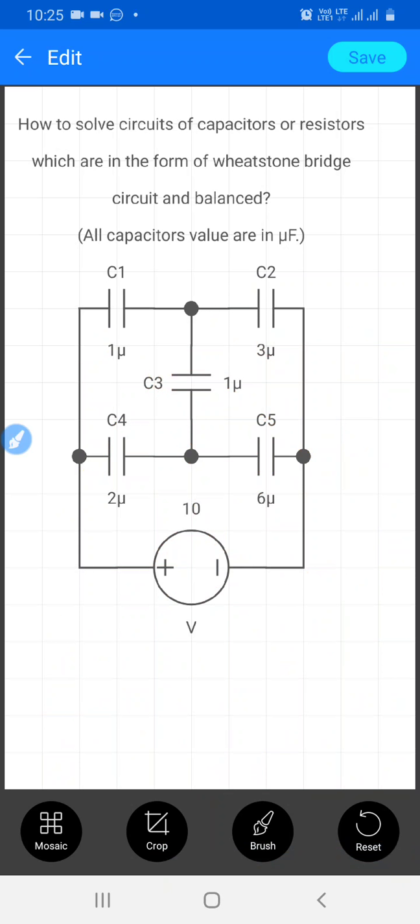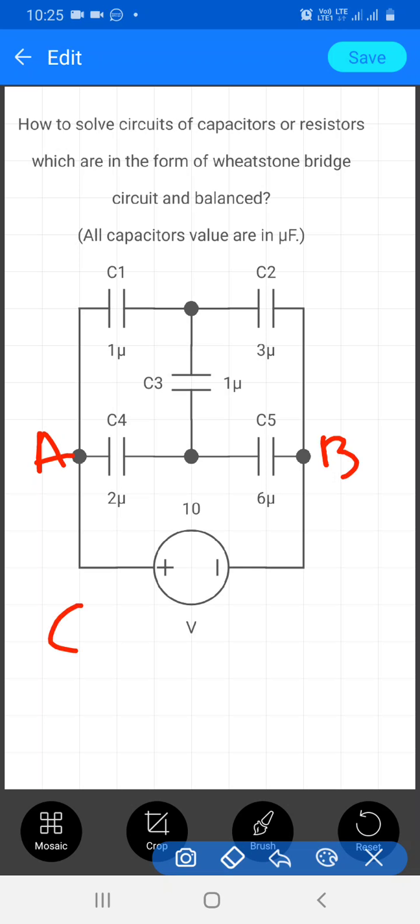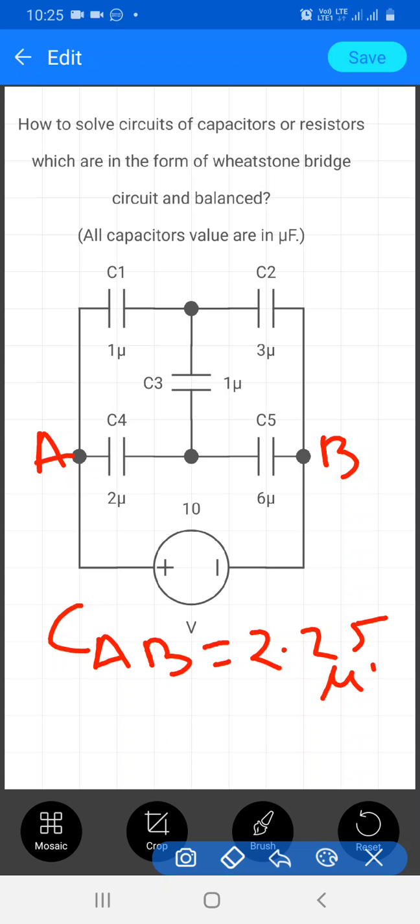So here answer will be, if I put here A and B finally, so C_AB will be 2.25, and do not forget to write the unit microfarad, and charge supplied by the battery is equal to 22.5 microcoulomb.